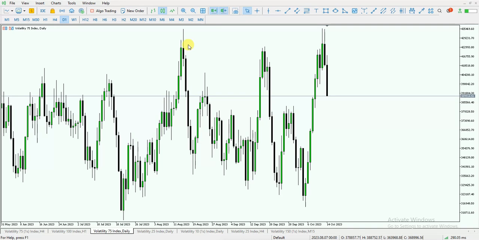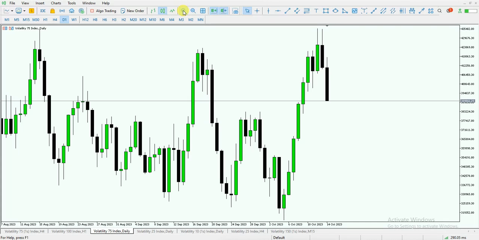Beautifully, the power of three is a candle formation that happens on the chart almost all the time. If you had watched my video on swing highs and swing lows, anytime we want to say we have a swing is when we have a three candle formation.